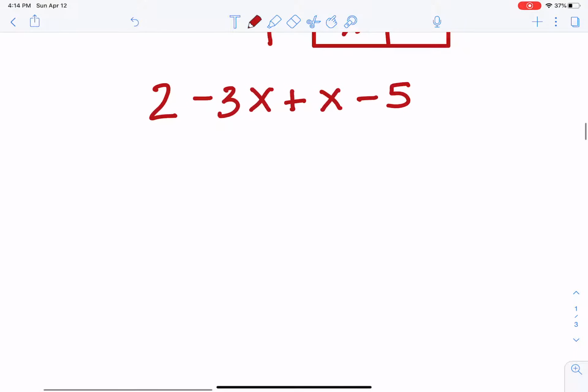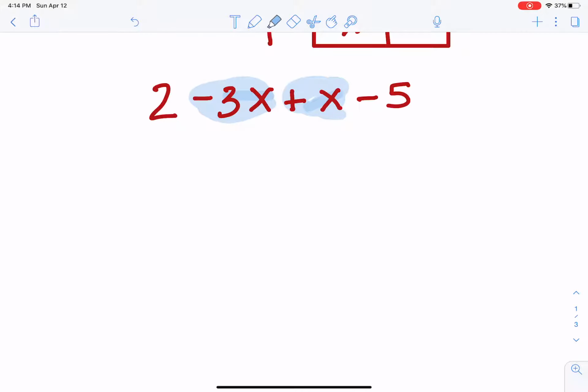Okay, so now I look. Which ones have x? This has an x, and it's positive because there's a plus sign in the front. This x is right here, and it's a minus because of the minus sign. So, I mean, it's a negative. Sorry about that, you guys. Ms. Lopez is losing her mind.